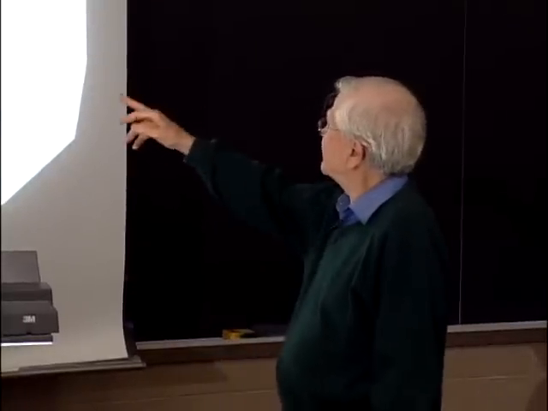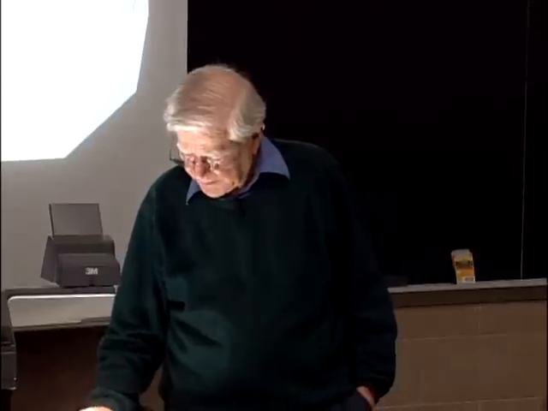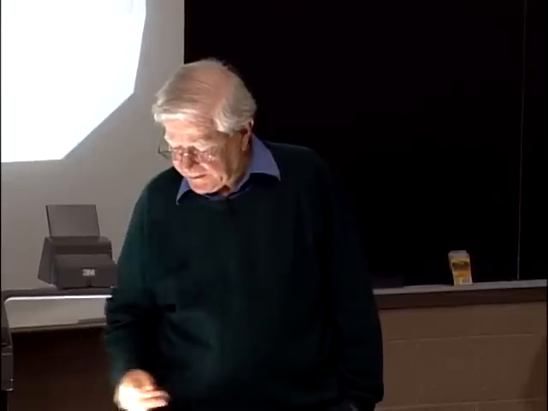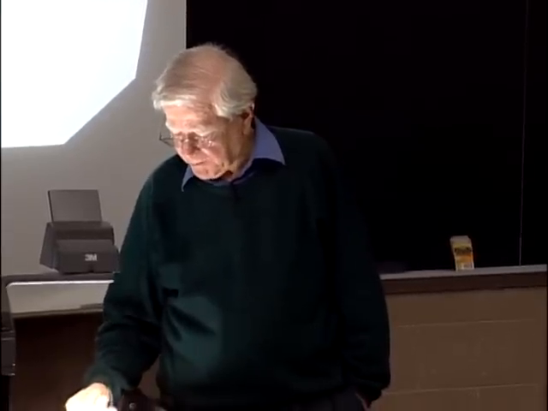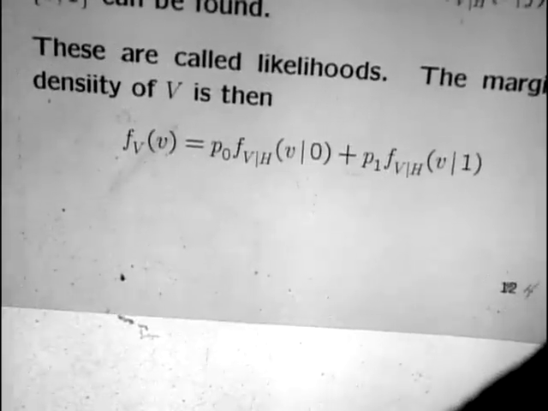We can find the marginal density of the observation, which is just the weighted sum: the probability the hypothesis is 0 times the conditional probability of the observation, and so forth. So we're going to assume that those densities exist. We're going to assume that we know them.